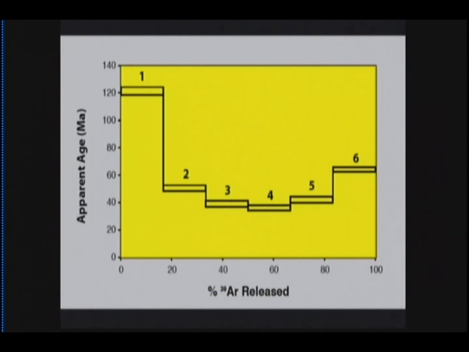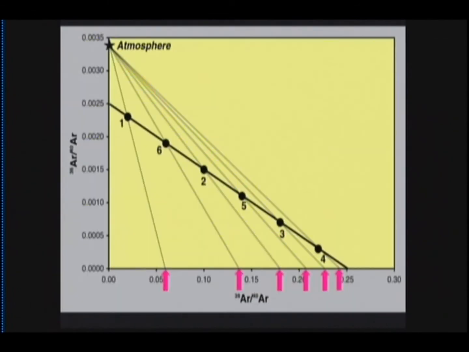So the point here is that the ages that you calculate using the model of atmospheric contamination give you this wide variation in ages. But if you look at this as an isochron, it has an intercept here, which is excess argon.